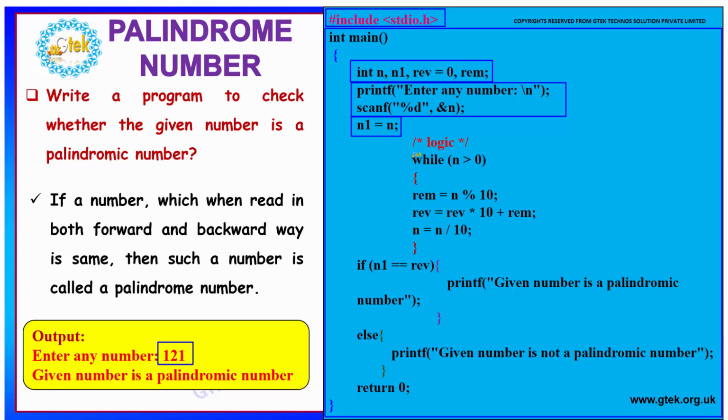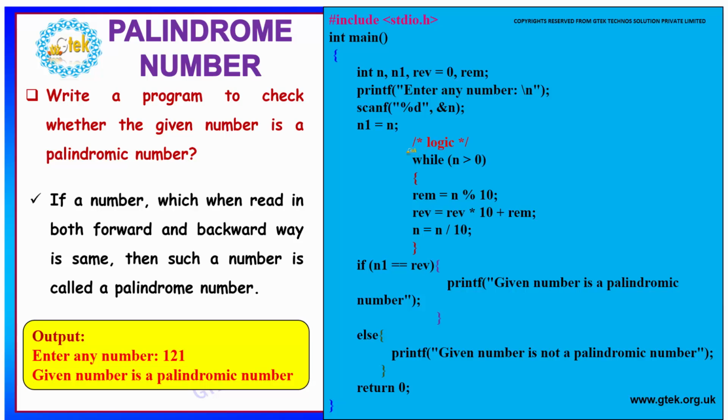Next comes the portion of logic. Initially we are checking whether the value of the number entered is greater than 0. And if it is greater than 0, then we have to take the units digit alone and separate each digit.